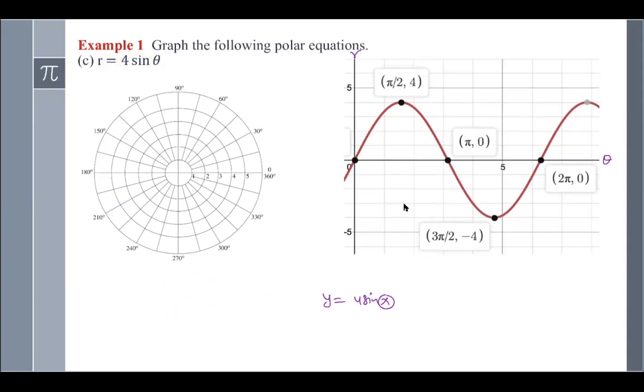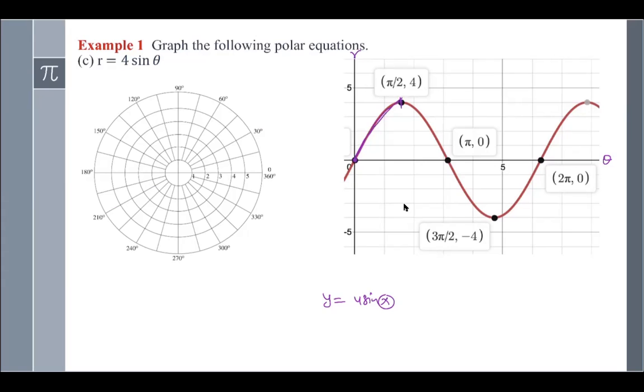Now we'll translate this equation into our polar coordinate system. We see that at 0, the radius is 0. As the angle increases, the radius increases, and as the angle becomes pi over 2, the radius is 4.